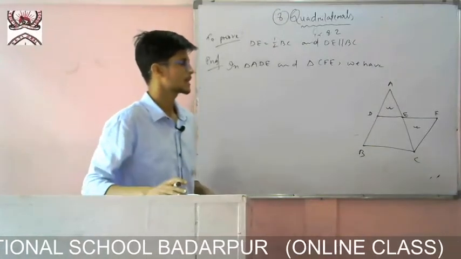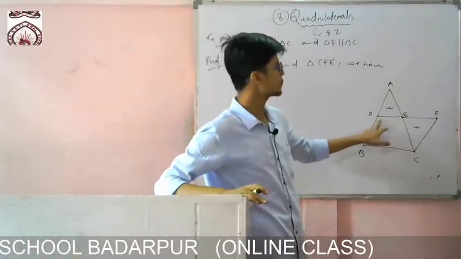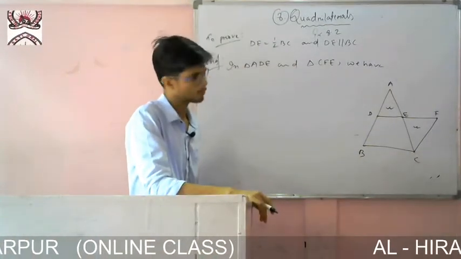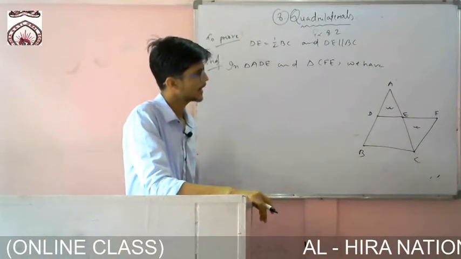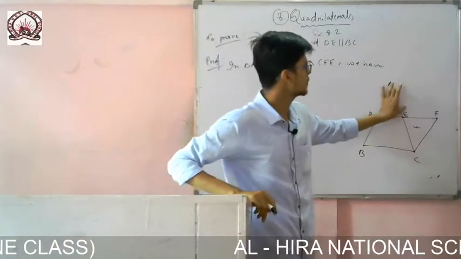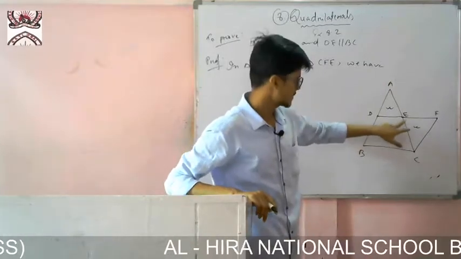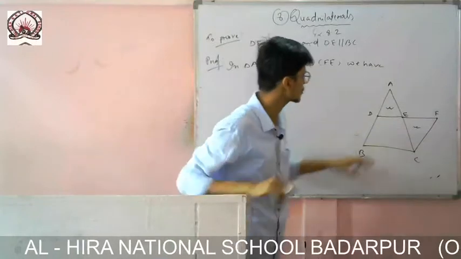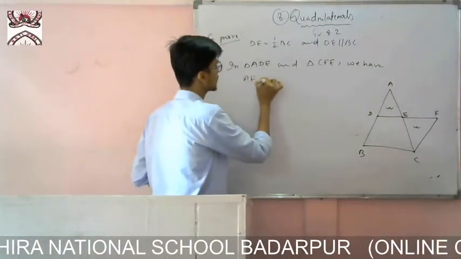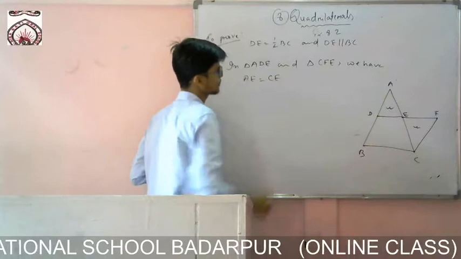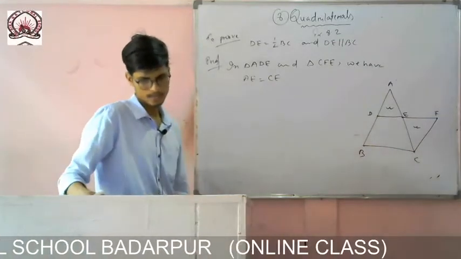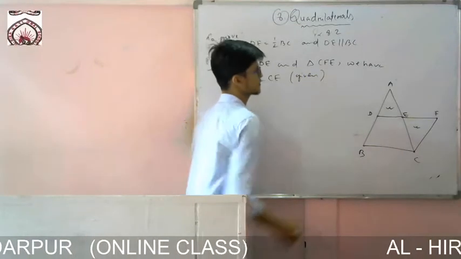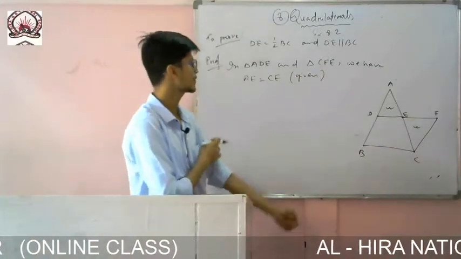You see, D is the midpoint of AB, E is the midpoint of AC. So AE will be equal to CE. This is the midpoint, that means this line is divided into two equal parts. So AE is equal to CE. You can write it as given, or you can write since E is the midpoint of AC.